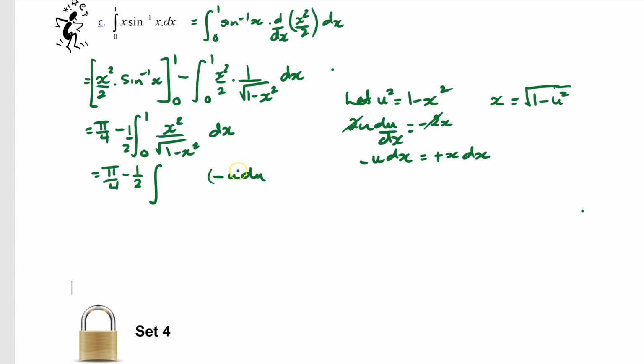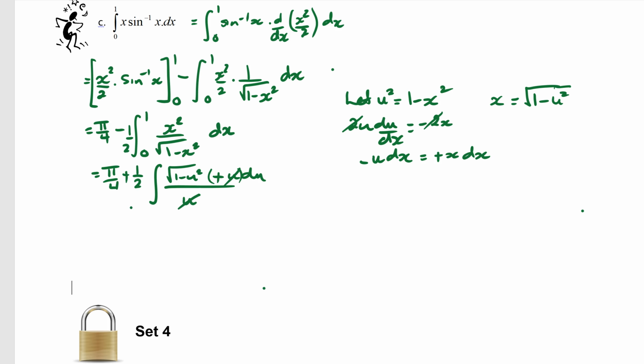So I have square root of 1 minus u squared, and on the bottom I've got the square root of u squared, which is just u. So that and that cancel out. This minus and that minus go and give me a plus.